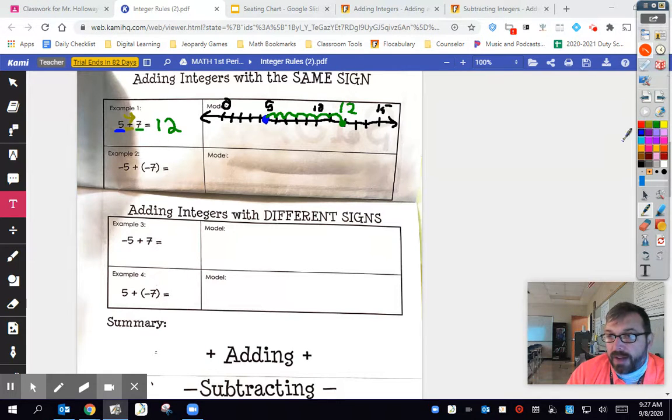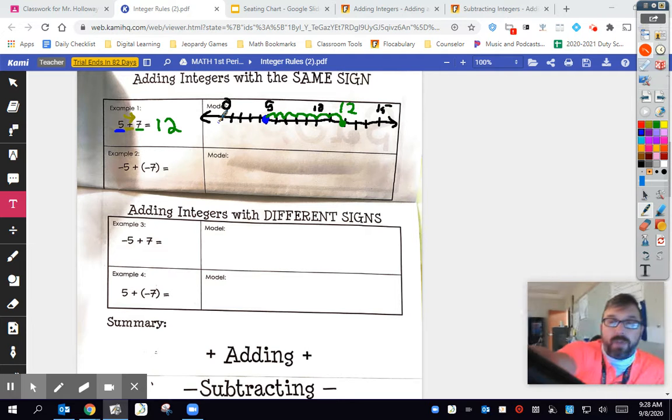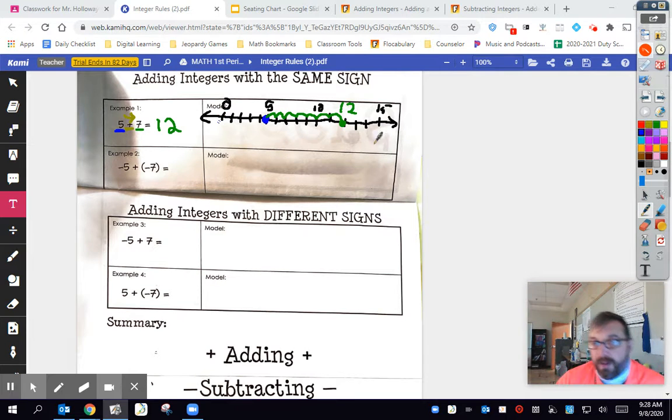Now, the other option we have is to use number counters. Number counters come in two types, a positive and a negative. In this problem, we only need the positive number counters. So let's go ahead and draw this out. We have 1, 2, 3, 4, 5 plus 1, 2, 3, 4, 5, 6, 7.